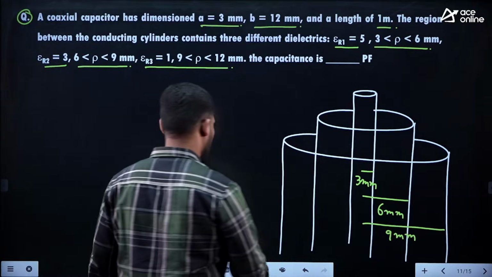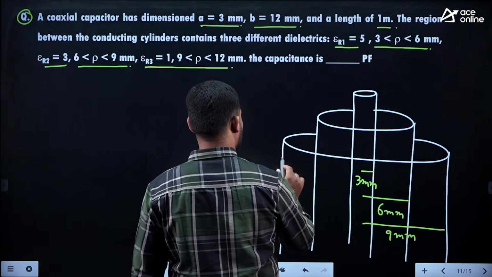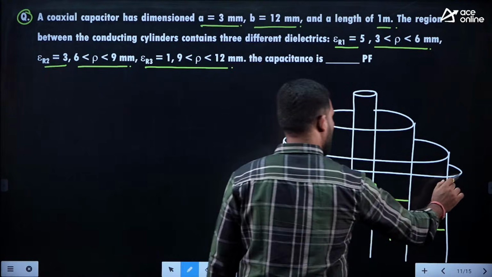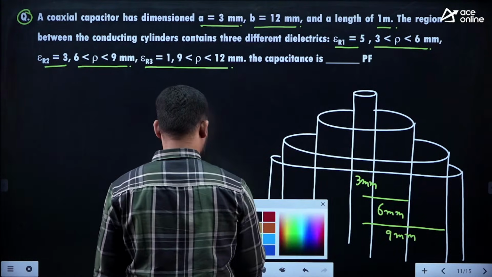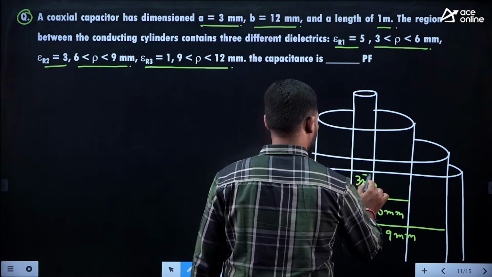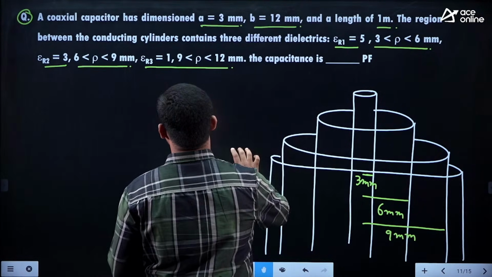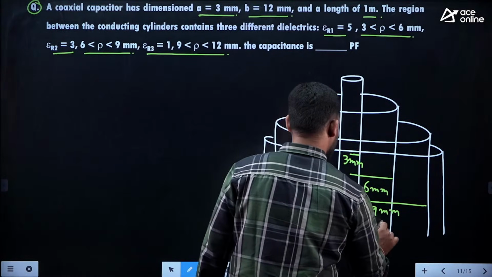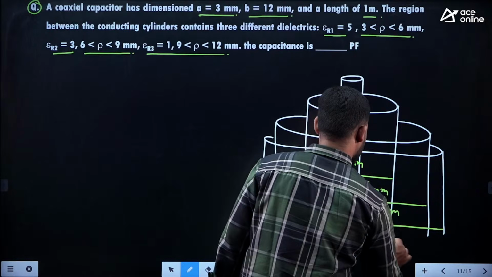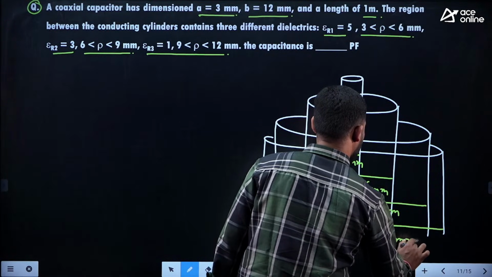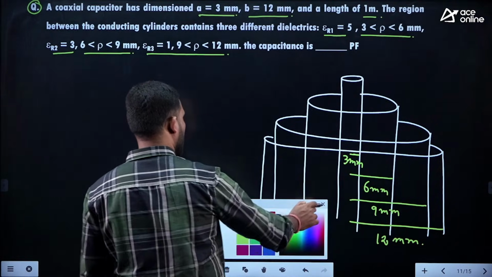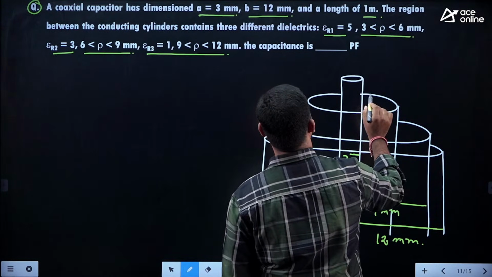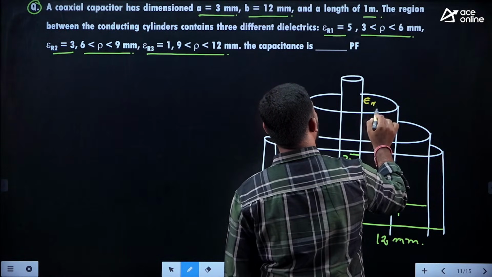Between the first two surfaces, the region is filled with the medium epsilon r1 is equal to 5.